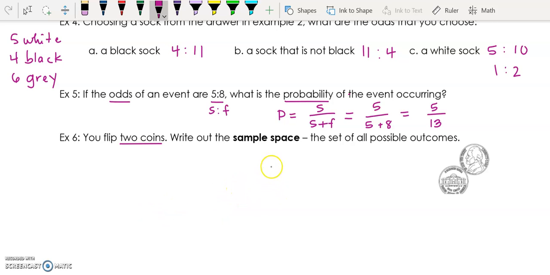So I'm going to create a table, and we'll use tables like this for rolling dice or choosing a card and other things like that. But this is a pretty simple one. So I'm going to make a table for coin 1 and coin 2, and the possible outcomes for each.